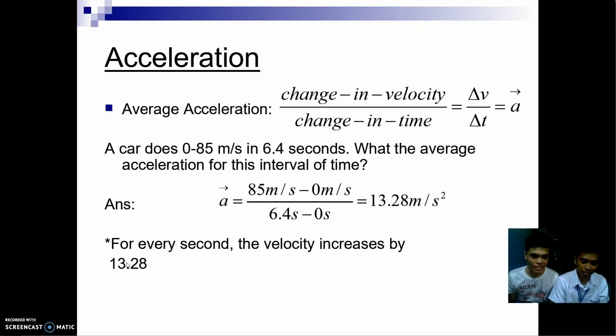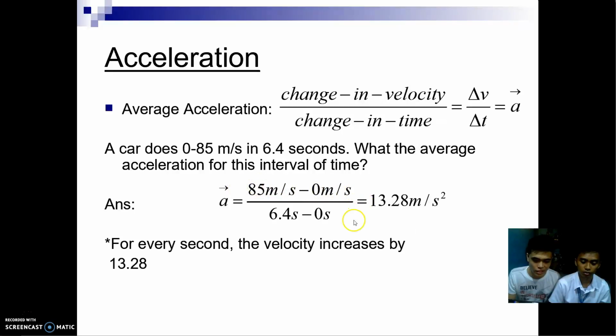Second is the acceleration. Average acceleration. So the formula is change in velocity over change in time. An example of this is a car going from 0 to 85 meters per second in 6.4 seconds. What is the average acceleration for this interval of time? So in this question we want to find its acceleration.